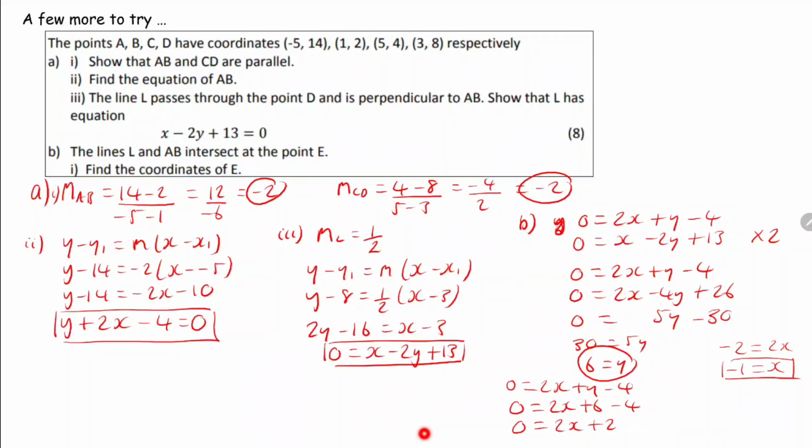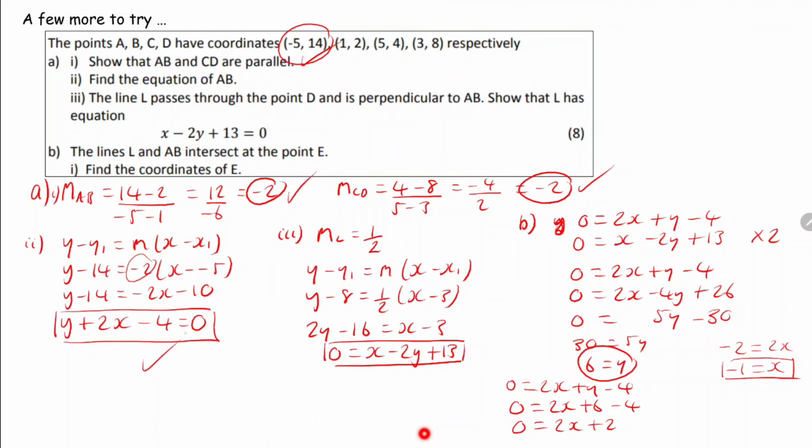Okay, so here's a solution for the first question. The gradient of AB was minus 2, and the gradient of CD was minus 2. So the lines were parallel. The equation of AB, substitute your values for A or B in. I opted to use the coordinates for A, using minus 2 as your gradient.